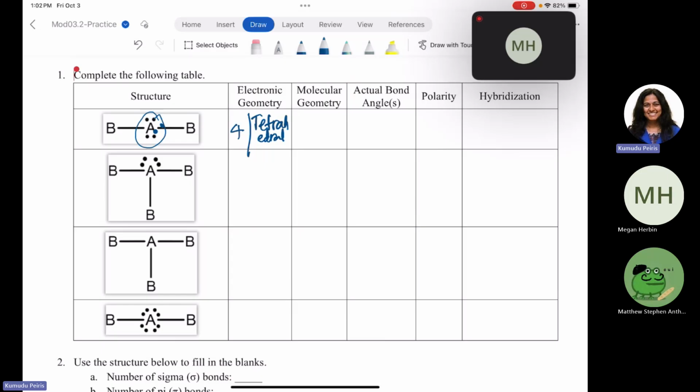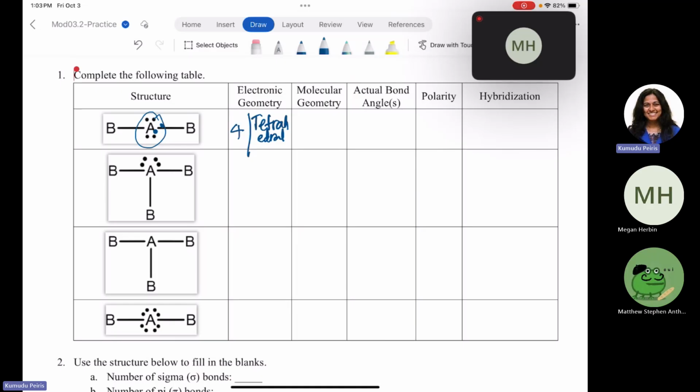When we look at the molecular geometry, if the central atom has any unshared electron pairs, then the molecular geometry would be different from the electronic geometry.